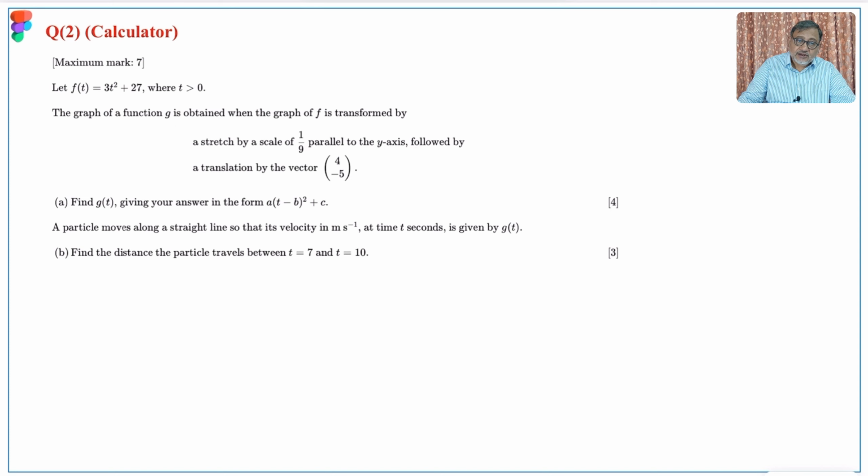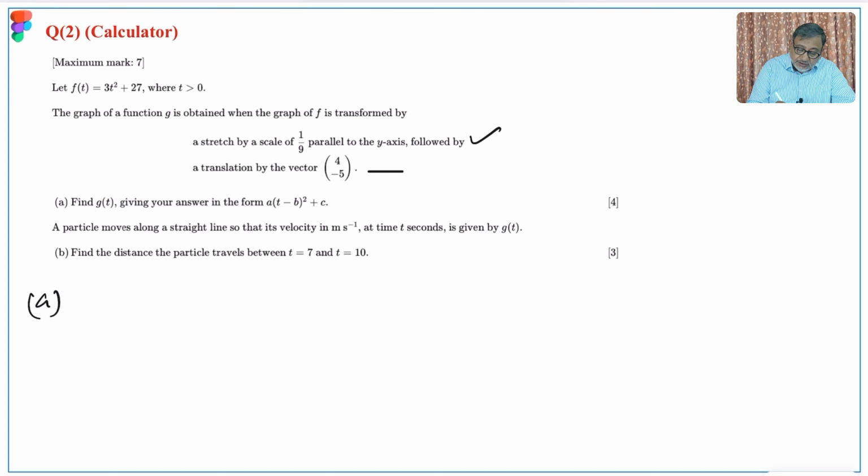And a translation by vector (4, minus 5). So 4 is in the x values and minus 5 is change in the y values, right? Okay.